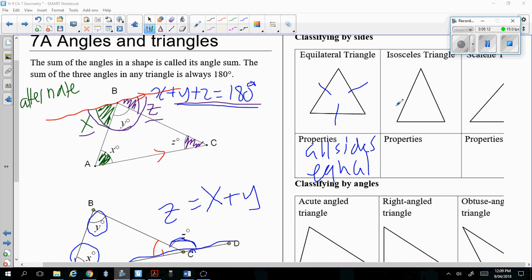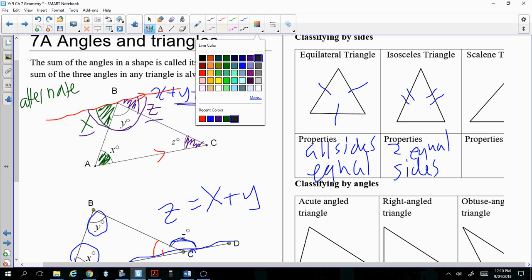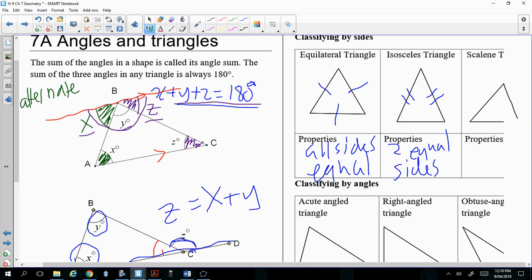Alright, let's continue. The next one is called isosceles triangle. It has got 2 equal sides. And the last one you couldn't see. It's called scalene triangle. And if I complete the triangle, it would have looked like this, right? And then all 3 sides are different, right?